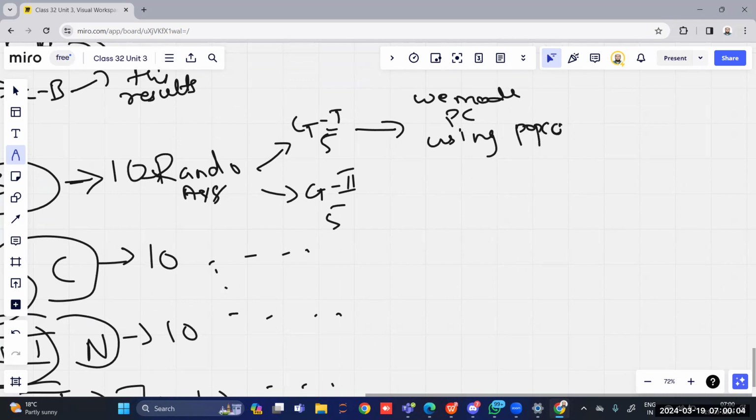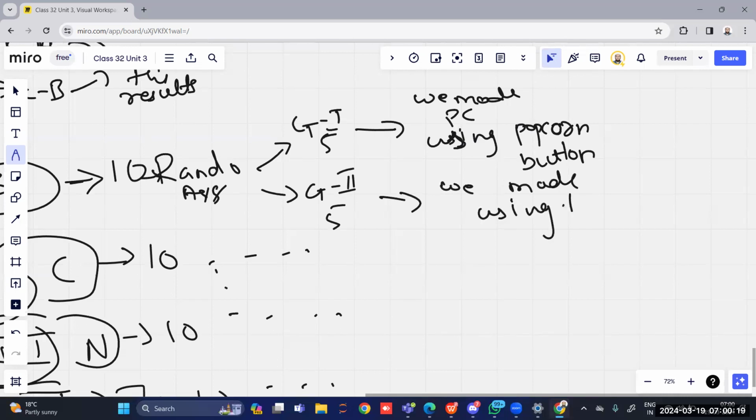Means when you press the popcorn button, it stops when the popcorn is ready by its machinery. When it seems that it is ready, it stops. And the second one, we made using the timer button. Timer button means we have set an individual timer based on our experience.